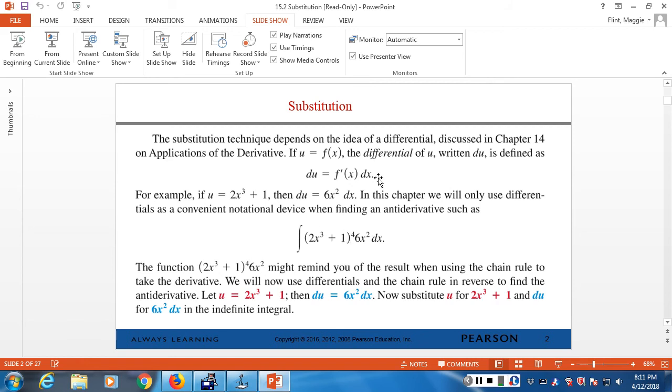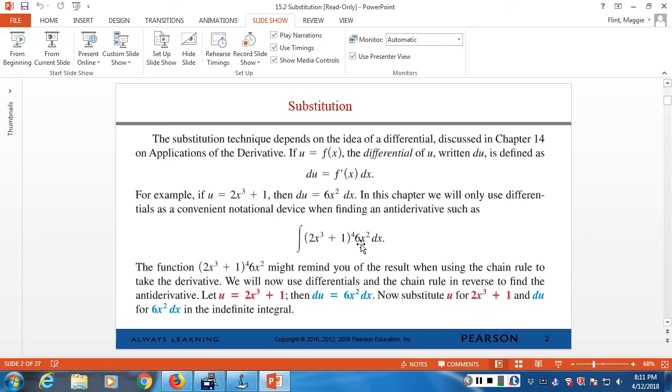Okay? The part of it that looks like chain rule is the (2x cubed plus 1) to the 4th power. So the question you ask yourself when you see something like that is, okay, what is the derivative that's on the inside of that function? Because if this is the derivative of the original function, then I have to have the derivative of what's inside those parentheses as part of it.